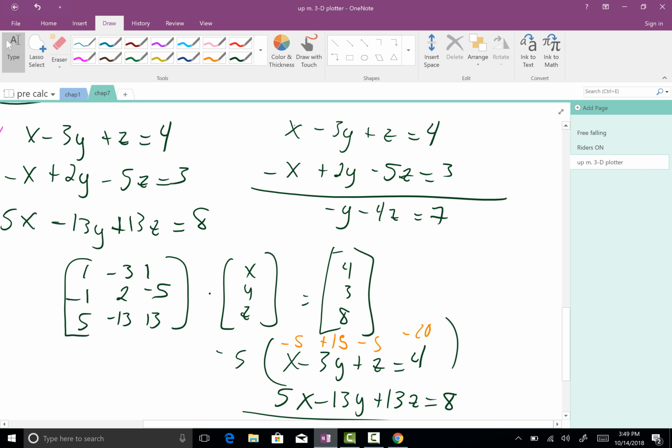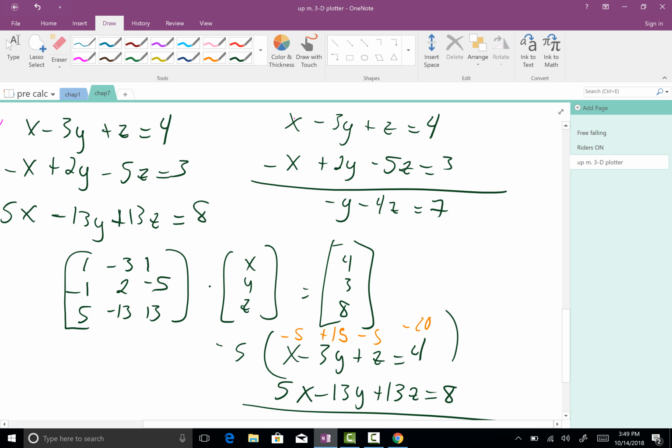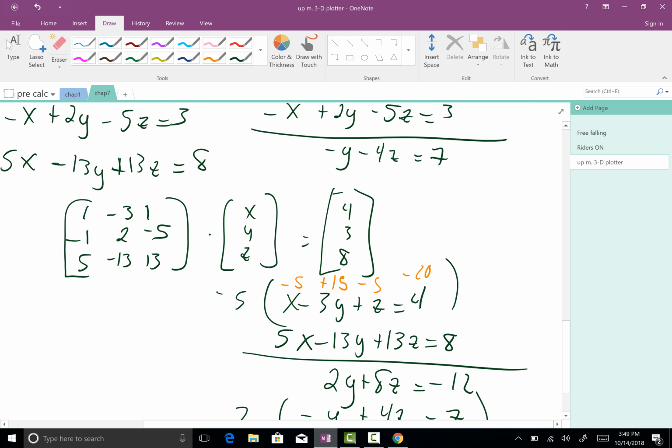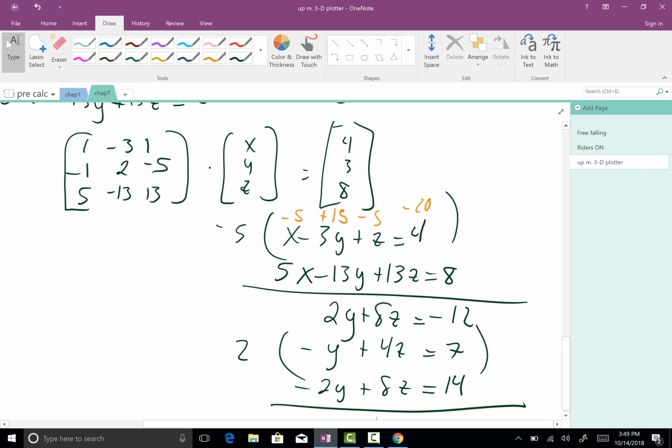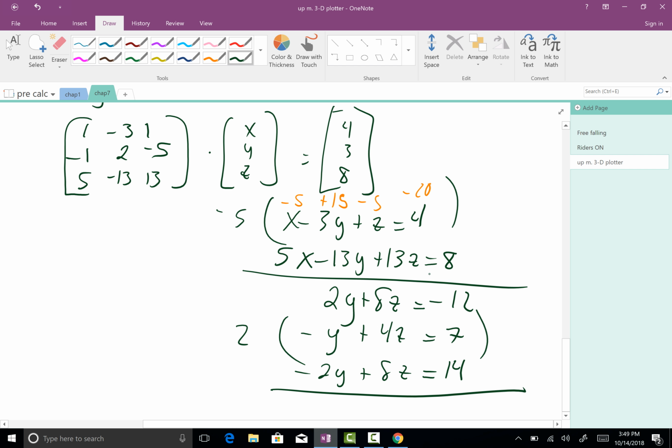I'm looking to see if I made a mistake. I'm up here, negative y minus 4z equals 7. I just added those. And here we want to cross negative 5, 3, z, 4. So that'd be negative, positive, negative 4, 5, negative 13, 13.